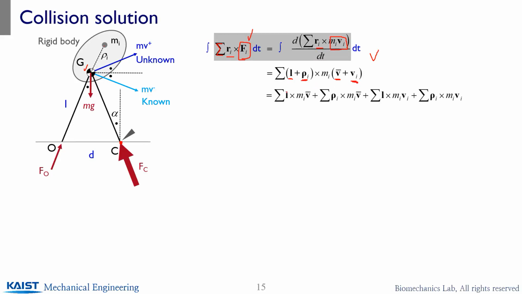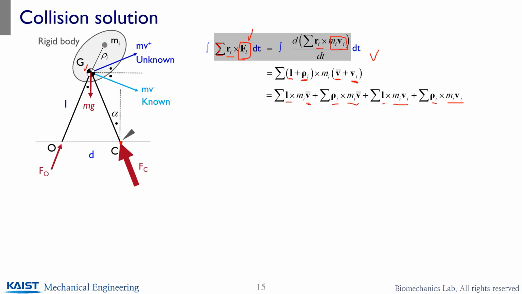So if you expand this parentheses cross product, you can have L cross product M V bar, rho I cross product Mi V bar, and L cross product Mi Vi, and rho I cross product Mi Vi.